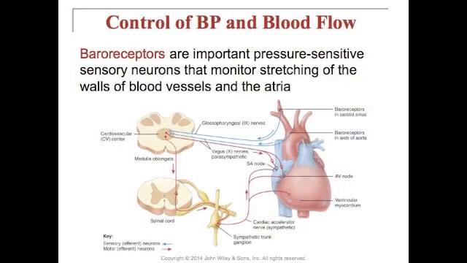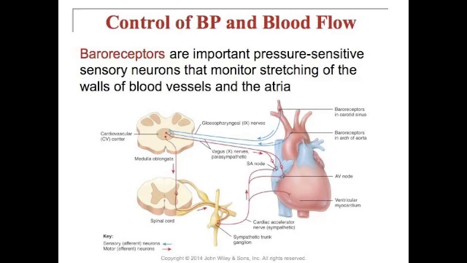Control of blood pressure and blood flow continued. Page 789, figure 21.13. Baroreceptors are pressure-sensitive neurons that monitor stretching. Baroreceptors are important pressure-sensitive neurons that monitor stretching of the walls of the blood vessels and the atria.